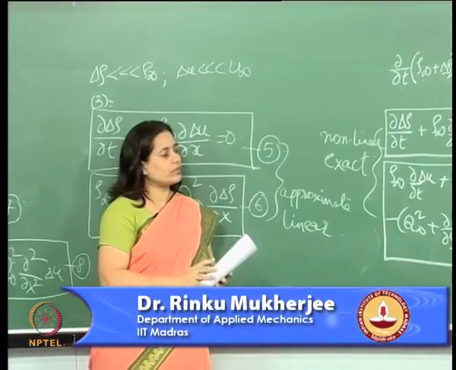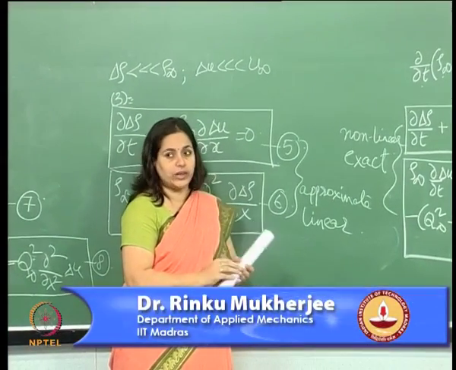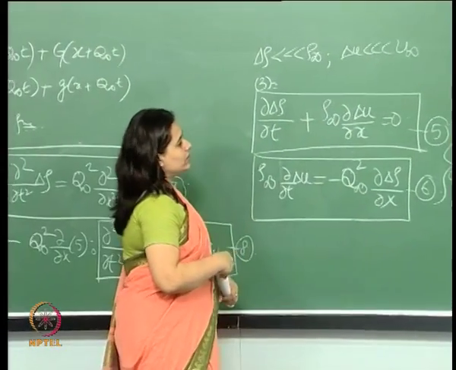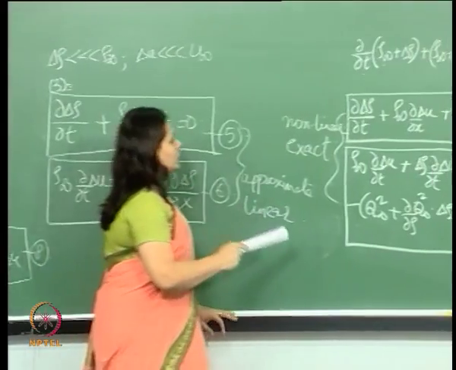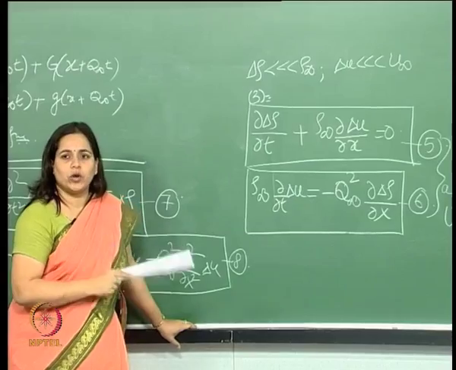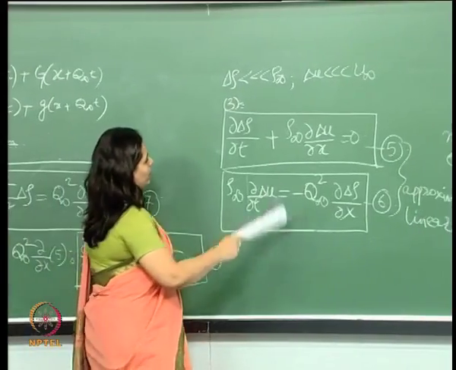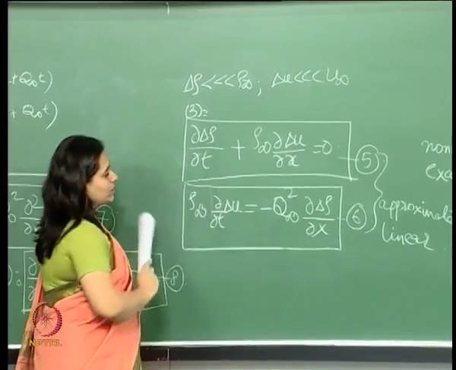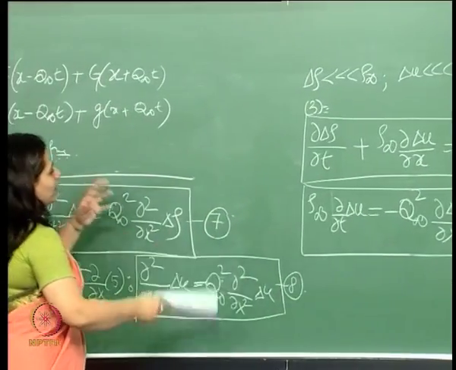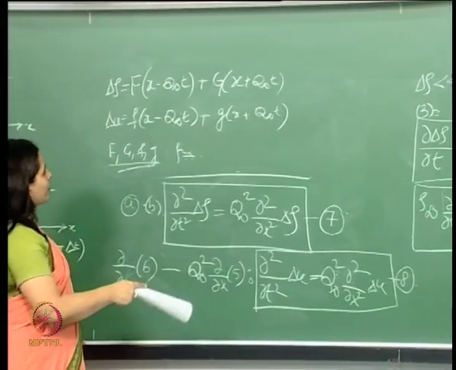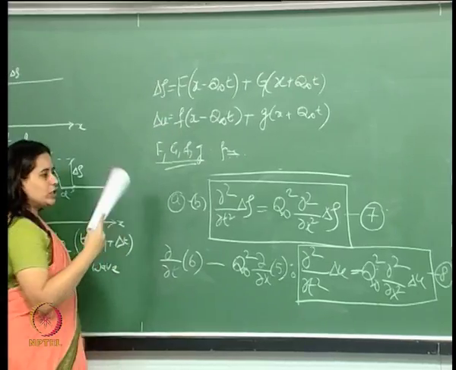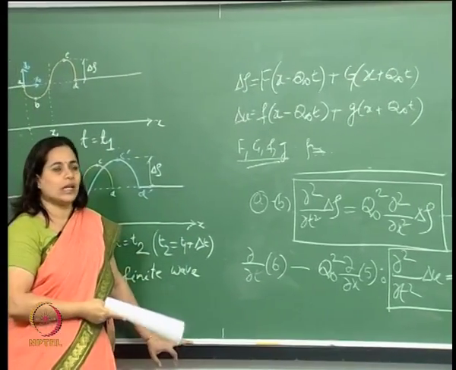Now to solve this and decrease the complexity, we said, hey, this is too long. So we made a small perturbation assumption, and what we came up with are these two equations, which are approximate but linear, and we played around with those and found an expression for delta rho and delta u, which is what we set out to do right at the beginning.